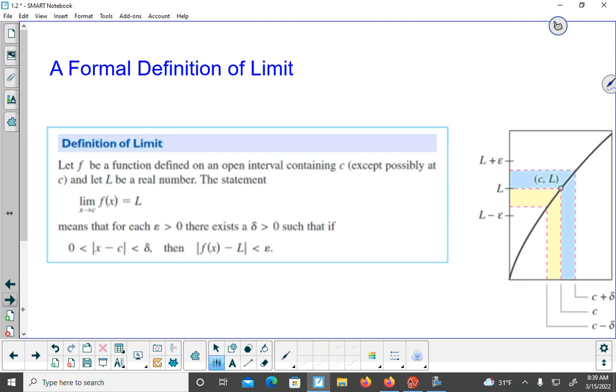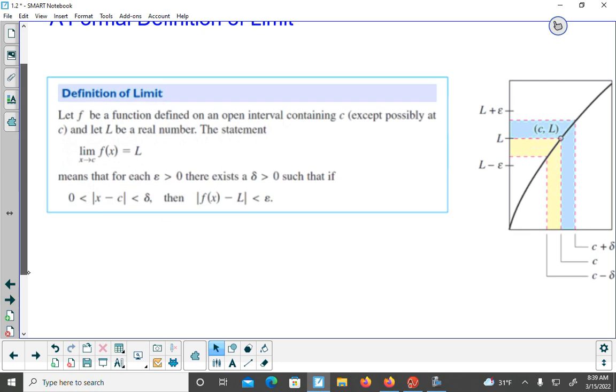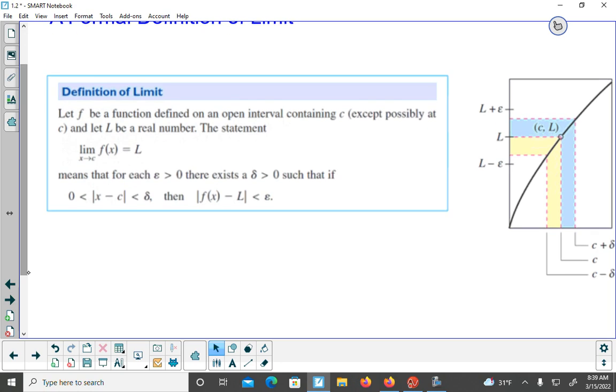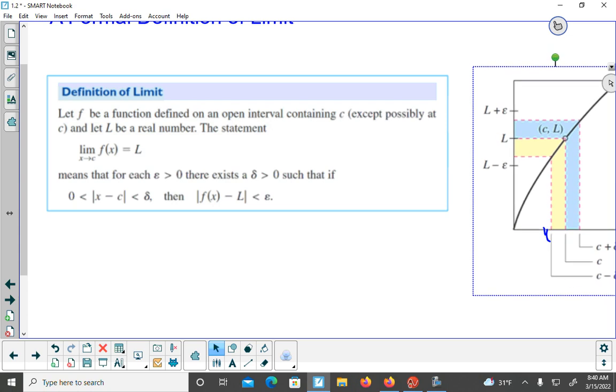Now the formal definition of a limit, in a nutshell, what it's trying to say is, in order for me to have a limit, remember how in the first one I said that jump of 12 was way too much? What this is saying is that if you vary your x by so much, then there's an acceptable variation in your y.